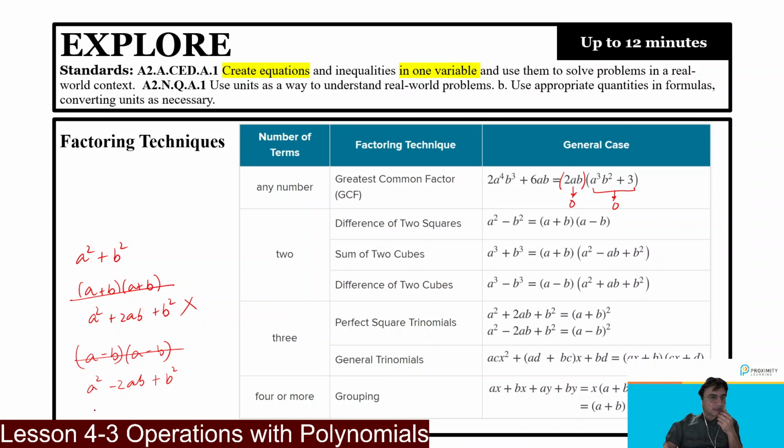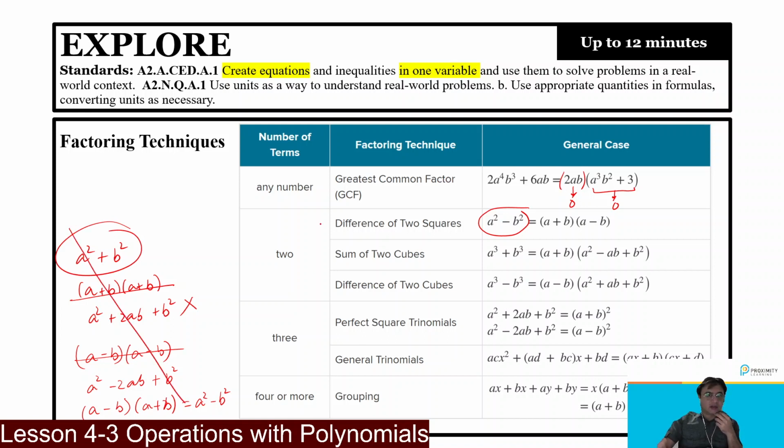That's incorrect as well. And if I try a minus b times a plus b, then I'll end up getting the difference of two squares, a squared minus b squared. So general factorization for a squared plus b squared does not exist in real numbers.